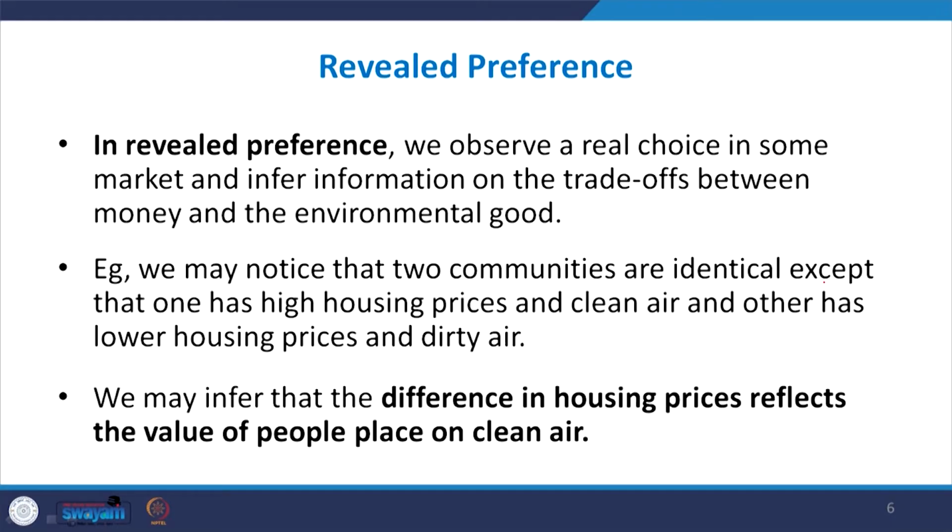If we want to measure the value of the environment, we can compare two localities, with a house of the same dimension and same quality, and compare the prices. In one locality the quality of the environment is good, and in the other the quality of the environment is very poor, dirty.